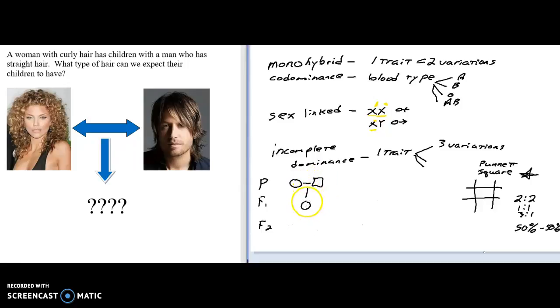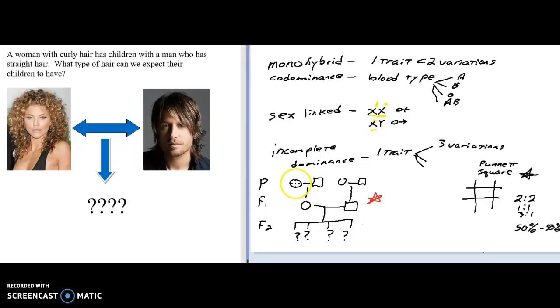Here's their child combined with a child from the other side of the family. And now, what are we possibly going to produce in our offspring? What are the possible chances of this trait or that trait, or the variations showing up? Okay, so make sure, again, you guys can set up family tree and you can apply the appropriate information.